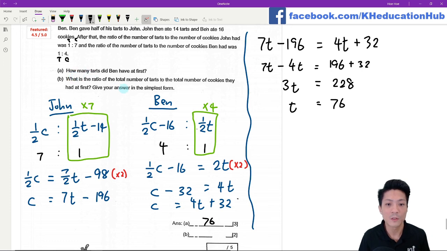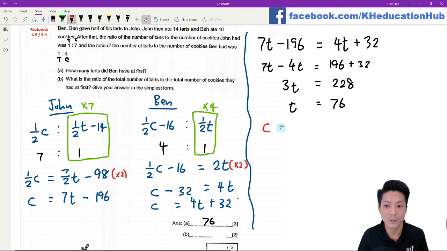Part B, what is the ratio of the total number of tarts to the total number of cookies they had at first? Give your answer in the simplest form, which means that I need to find the total number of cookies at first. Since I know that tarts is 76, I can basically replace it into any one of the equations earlier on.